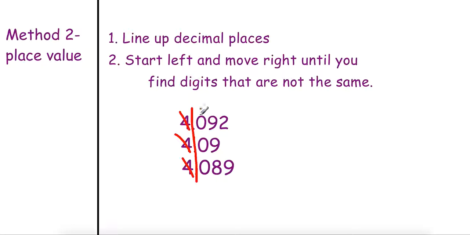In the 10th spot, all the zeros have the same value, so they're equal, they're done. So now we look at, we have a 9, 9, and 8. Well, 8 is smaller than 9, so that makes 4.089 the smallest. Because again, 8 is smaller than 9, so this one has to come first.